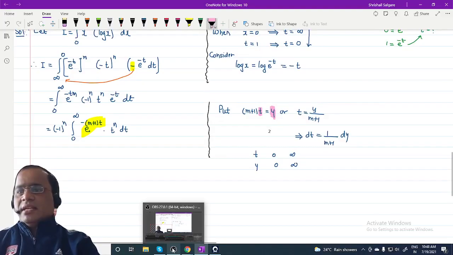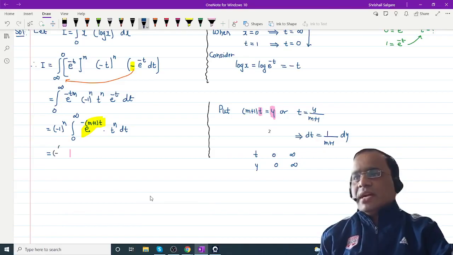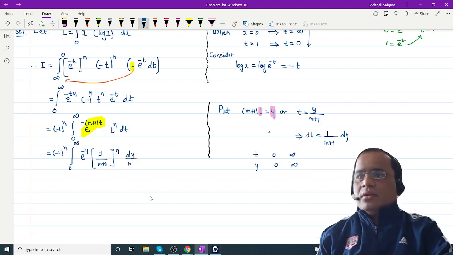Now this integral can be written with new limits 0 to infinity. Minus 1 raised to n you have to write as it is. New limits 0 to infinity, it is e to the power minus y. t is given by y upon m plus 1 raised to n, and dt is given by dy upon m plus 1.